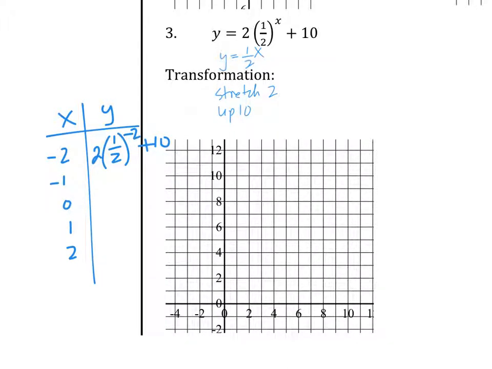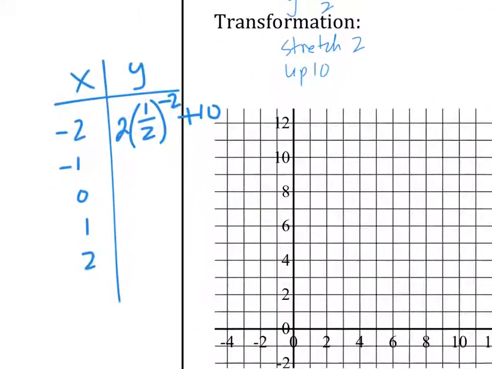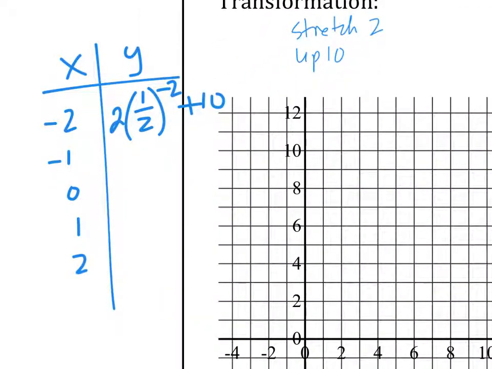So do the 1/2 to the negative 2 first, whatever that number is, times 2, and then add 10 to it. And then go ahead and graph that one. Let me know when you're done. So this is 18, 14, 12, 11, so on. So it's gonna look like something like this.